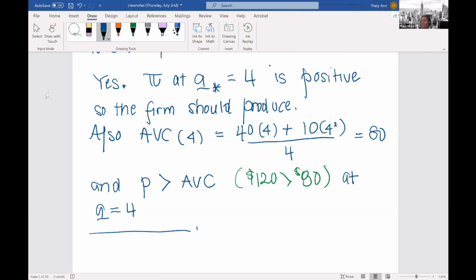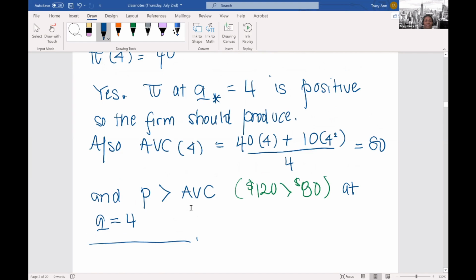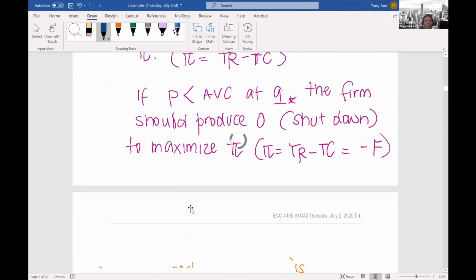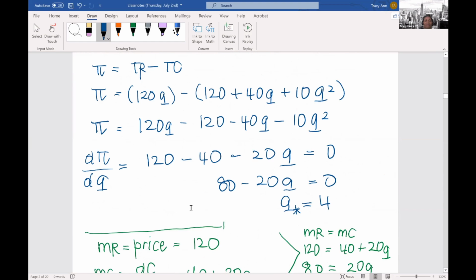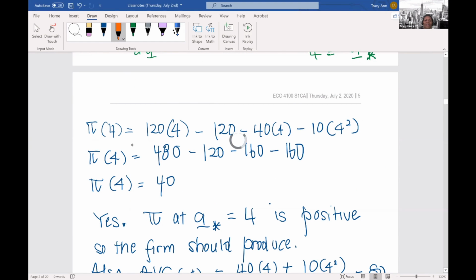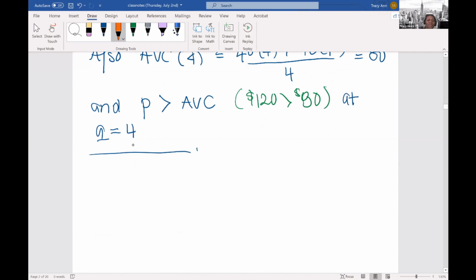Okay, let me give another price. Let me think of another situation. Let's say our price is, let's make a price $200. I think $200 should do the trick. Oh wait, not $200.